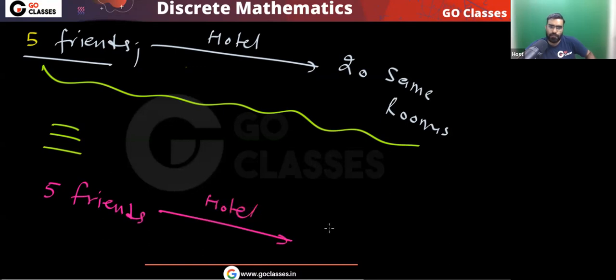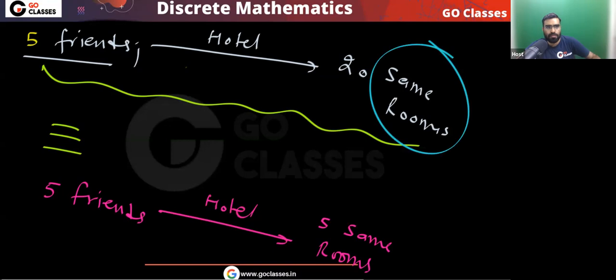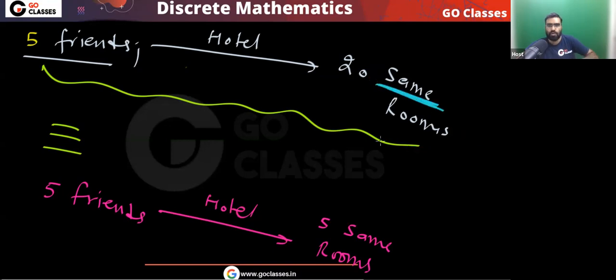In this hotel, if you have 5 rooms, then also you will get the same answer, because remember, rooms are same. Does it matter if you have 20 same rooms, 40 same rooms, 80 same rooms? All the rooms are same. Maximum how many rooms you can use? Maximum 5 rooms you can use.